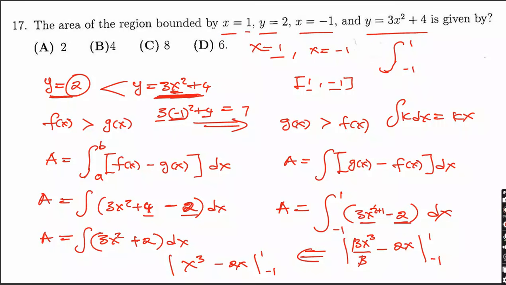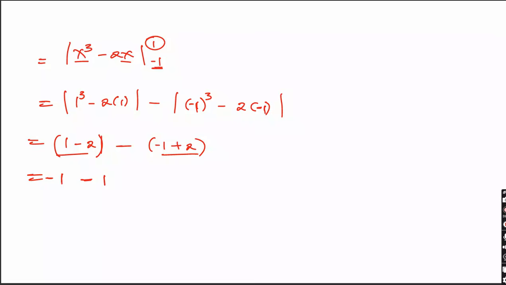So we're supposed to have positive 2x there. This is where the mistake is. So the expression remains x to the power 3, now positive 2x. Now we can simplify, then 1, negative 1.